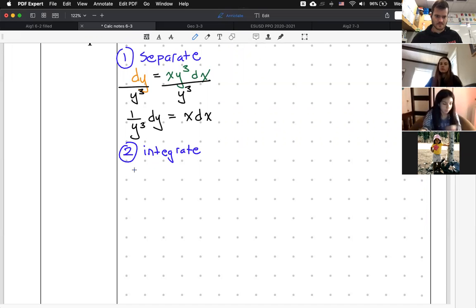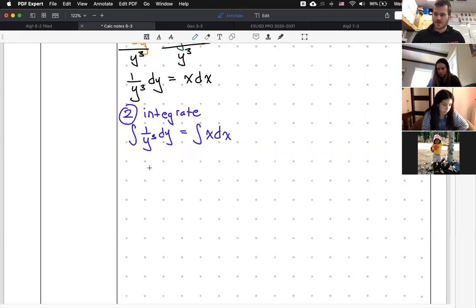It's the integral of 1 over y to the third dy equals the integral of x dx. Perfect. Go ahead and do the integration for us, please.